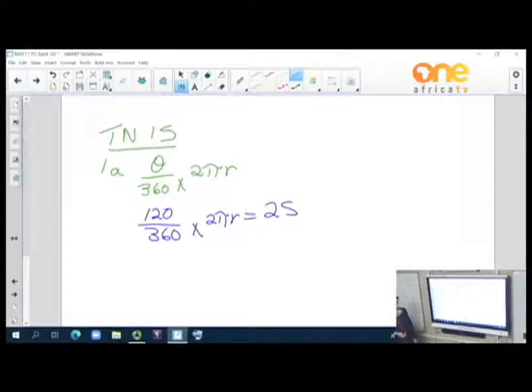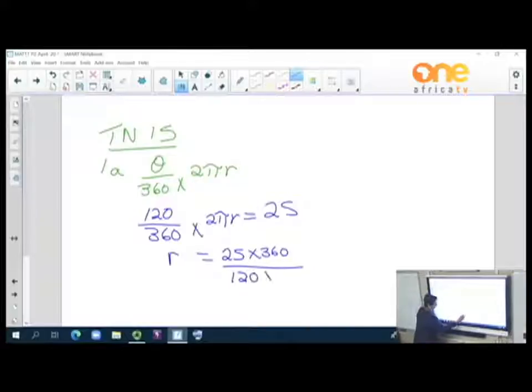So it's now just a little calculation to find it, and it's all about opposite operations here. So I want R, which means I'm going to multiply by 360, because here you are dividing by 360. Here we are multiplying, so now we are dividing by 120 times 2 pi.